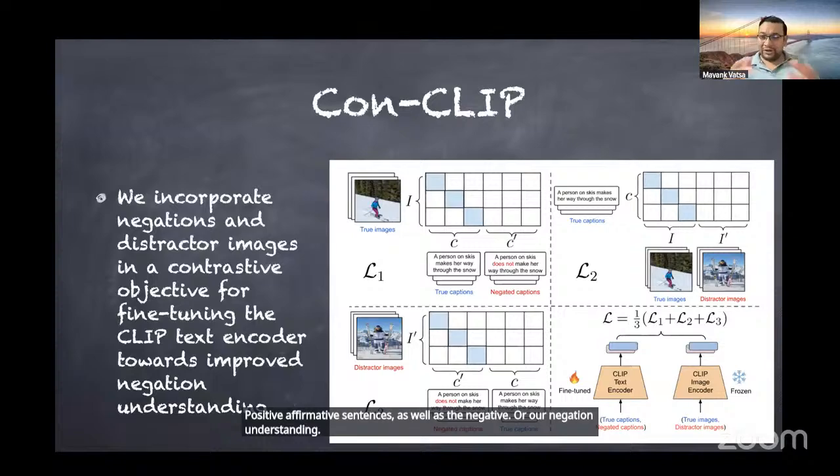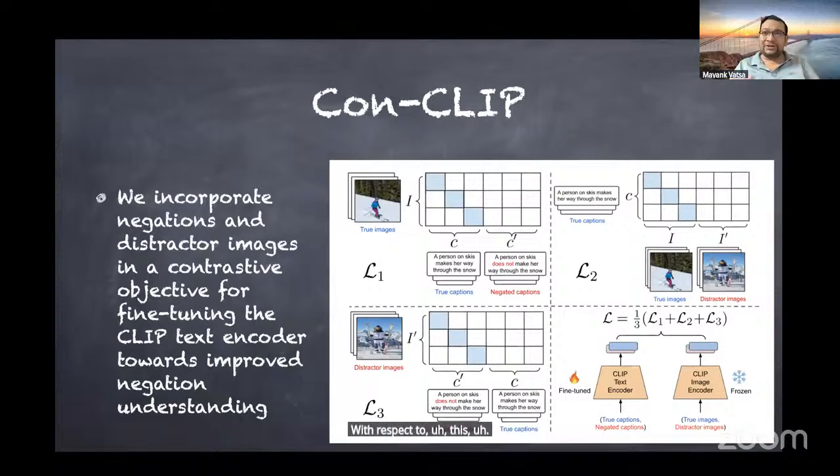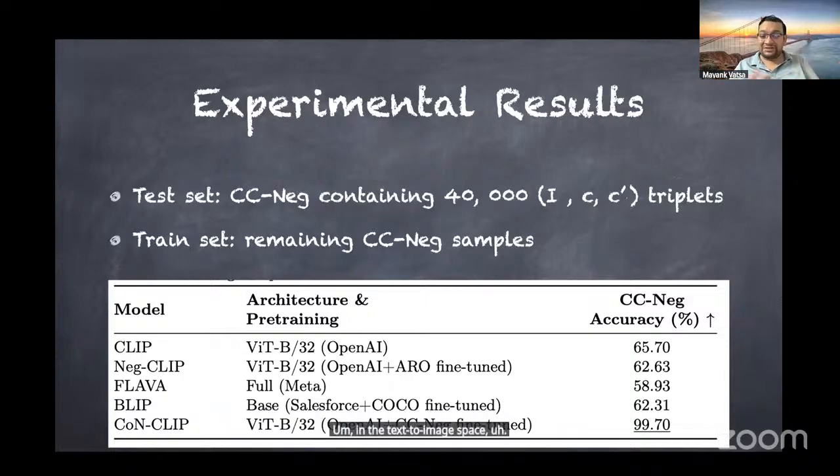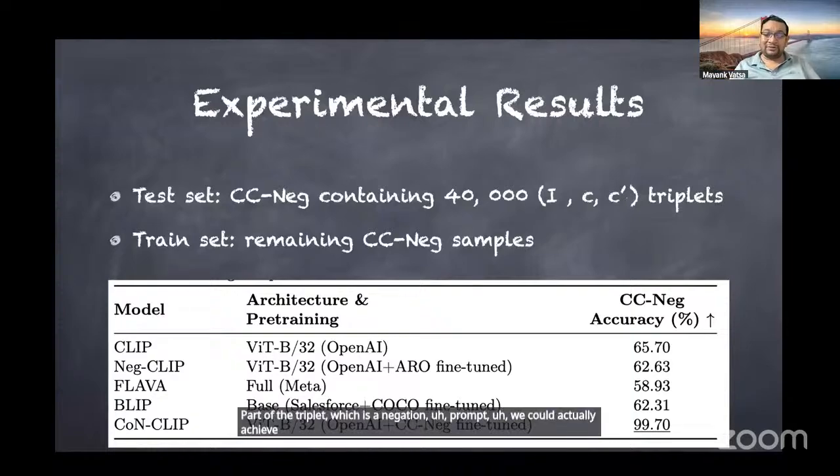By forcing the CLIP model to understand negation samples, we realized that while CLIP is not able to understand many negative sentences in the text-to-image space, with an original 65% performance, the ConCLIP version, with the updated loss function that understands the third part of the triplet, the negation prompts, achieved more than 99% accuracy, a huge jump on the test set of the CCNeg dataset.